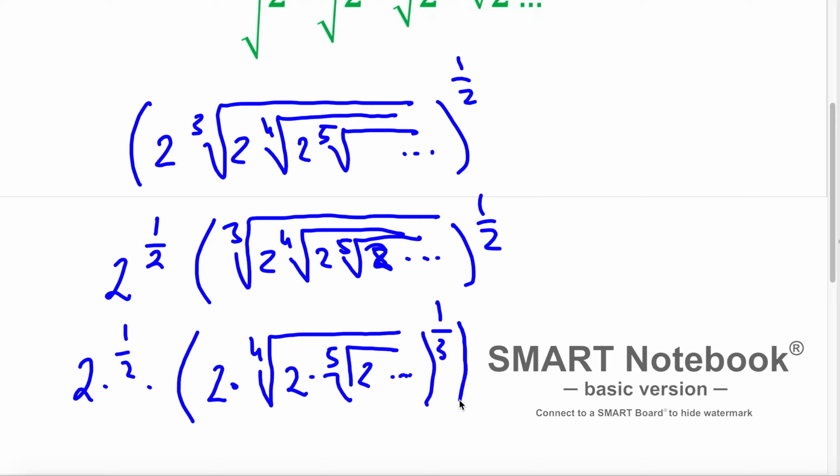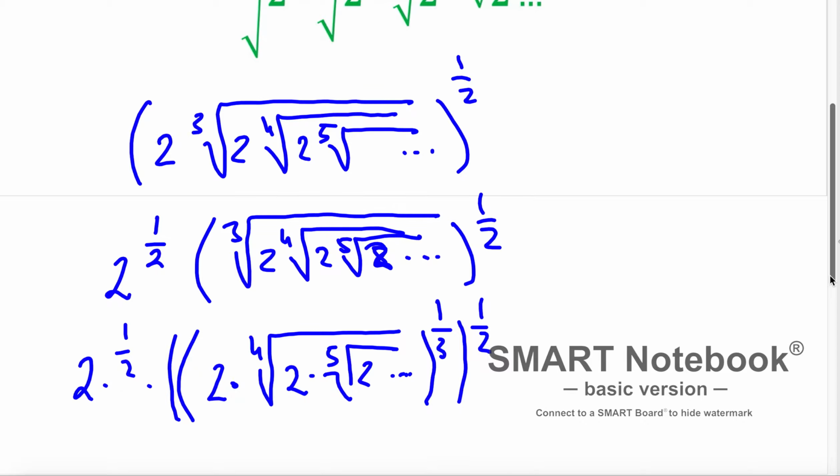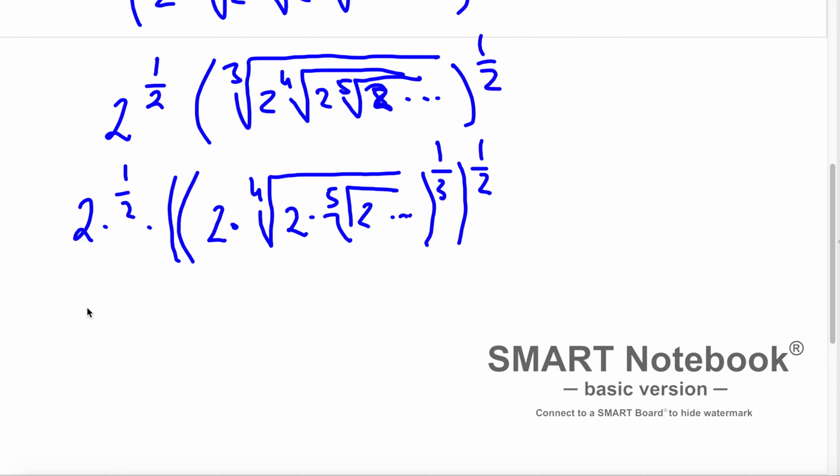But don't forget, because I'm just releasing, everything here is in 1 over 2. Now I am releasing this 1 over 2 times 1 over 3, and this number 2 I'm writing in the rational form. And this is going to look something like this: 2 in exponent 1 over 2 times 1 over 3.